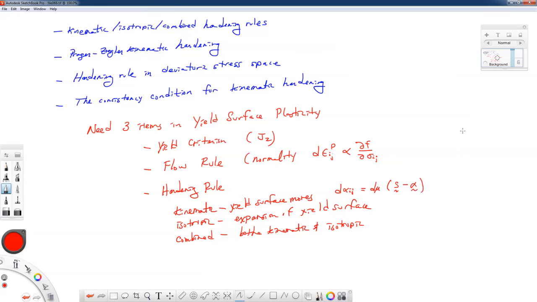So if we have a yield surface right here, and over here was maybe the origin of stress space, the vector that goes to the center of the yield surface is alpha. Our current stress point might be right here. That's what we're going to call S, the deviatoric stress.